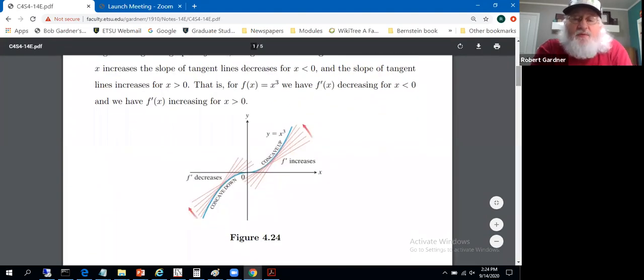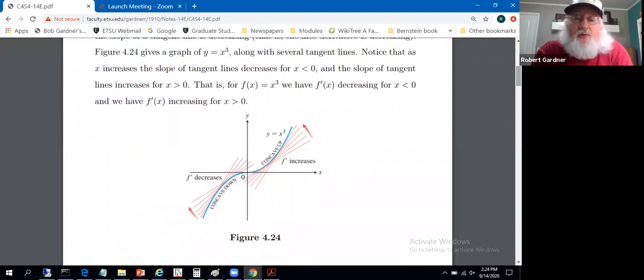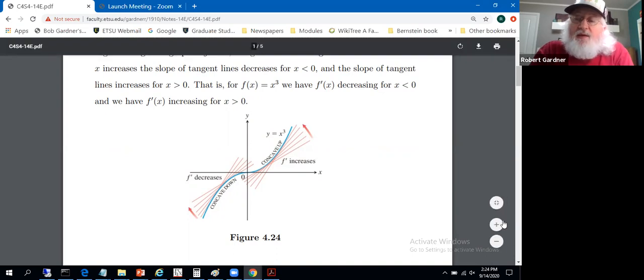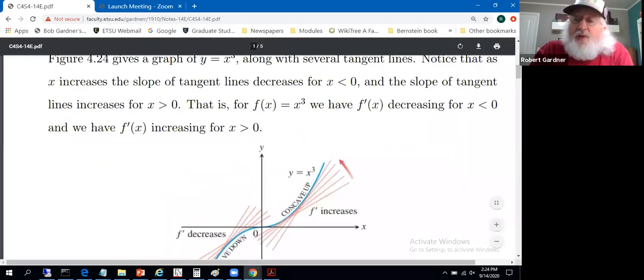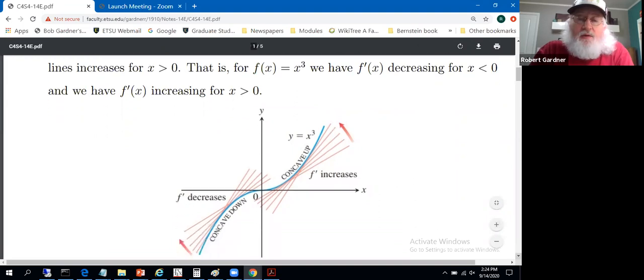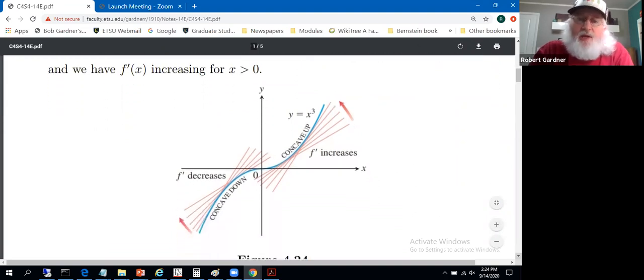The book gives in their figure 4.24 here a graph of the function y equals x cubed, and let's magnify that. They're concentrating on the tangent lines. Now what happens as we move from left to right? What happens is, say at this particular x value where we have a tangent line, it has a very steep slope. We move over a little bit, draw a new tangent line, it has a less steep positive slope.